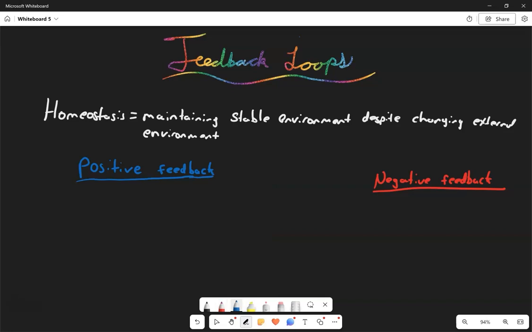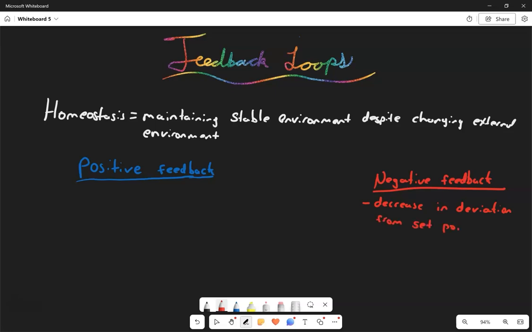So let's first think about a negative feedback loop. A negative feedback loop is one that results in a decrease in the deviation from a set point. Okay.